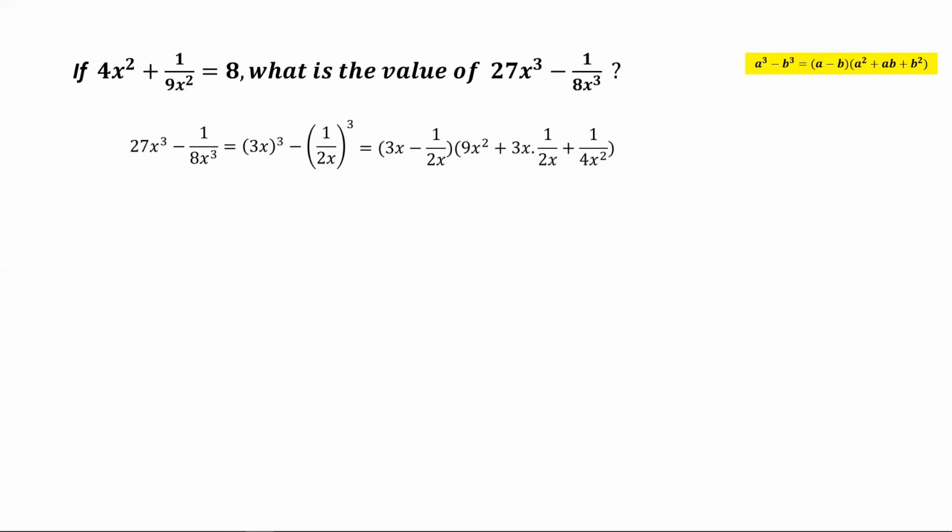So we can rewrite this as 3x minus 1 by 2x multiplied by 9x squared plus 1 by 4x squared plus 3 by 2. Note that the term 3x multiplied by 1 by 2x becomes 3 by 2 because x and x get cancelled out from the numerator and the denominator, and we're left with 3 by 2 for that term. So that's where the plus 3 by 2 comes from.